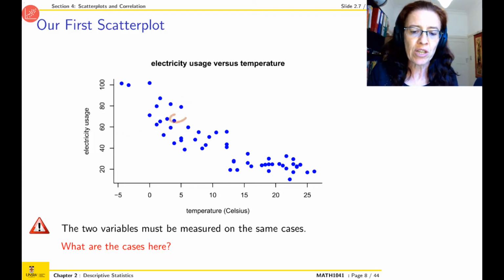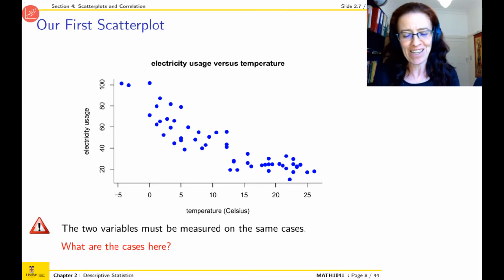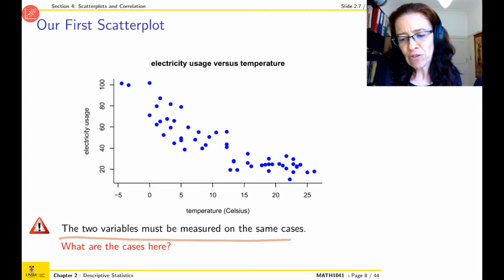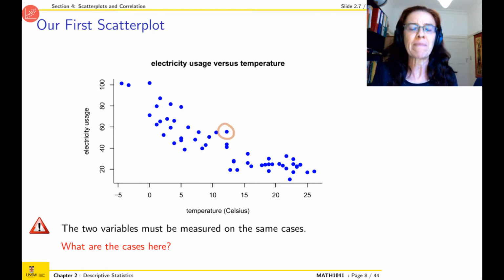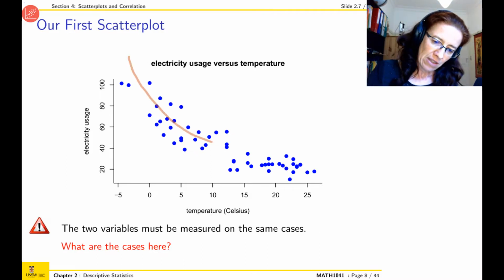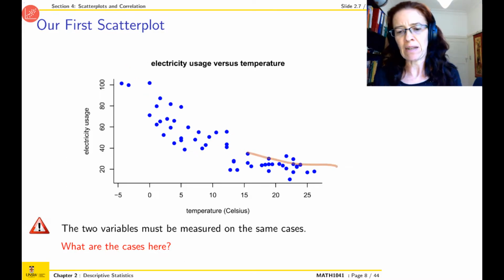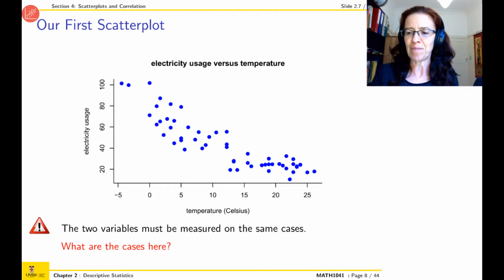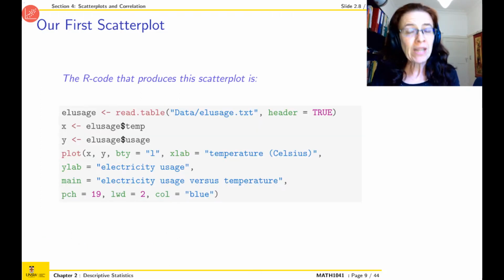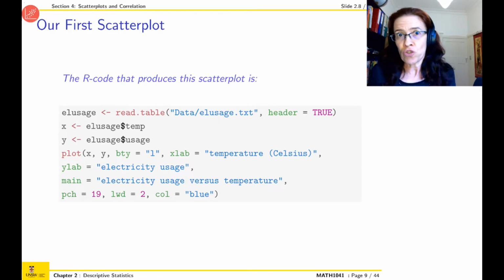Each dot corresponds to one family or household, but I find that much harder to pronounce, so I'll stick to family. The two variables must be measured on the same cases: one case, one family. And you notice that there is a shape a little bit like that, so it's not really linear.